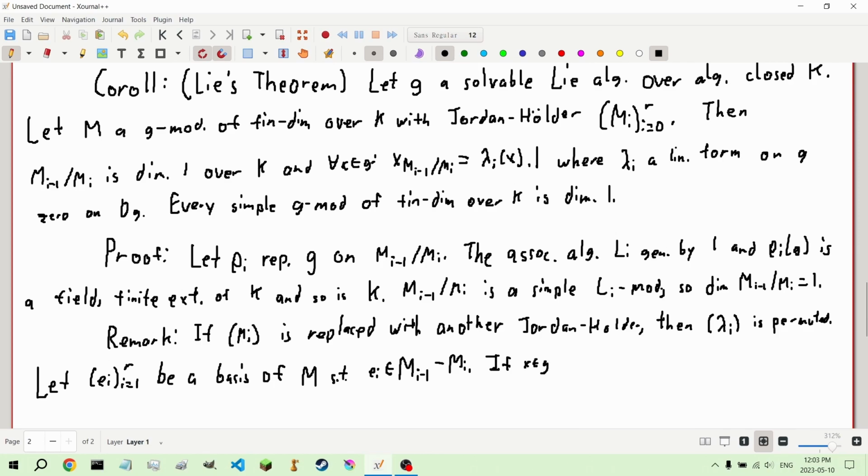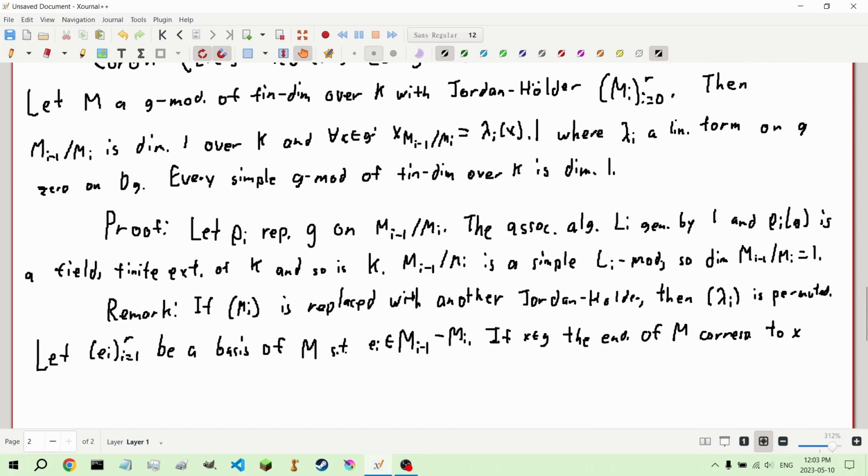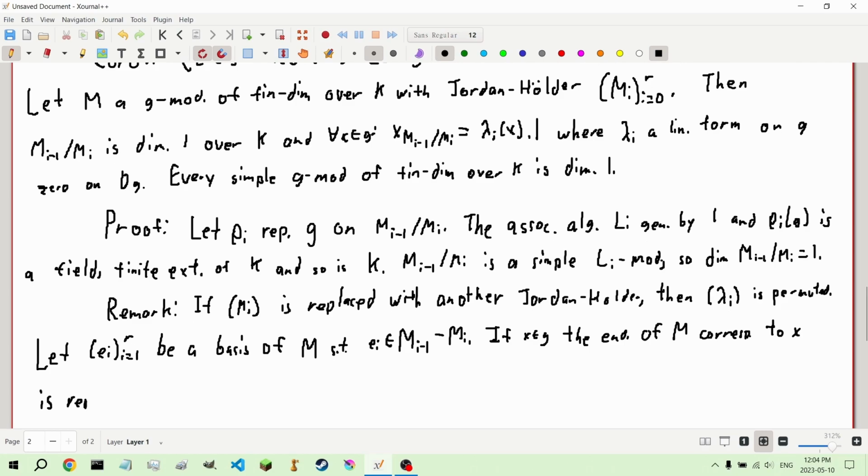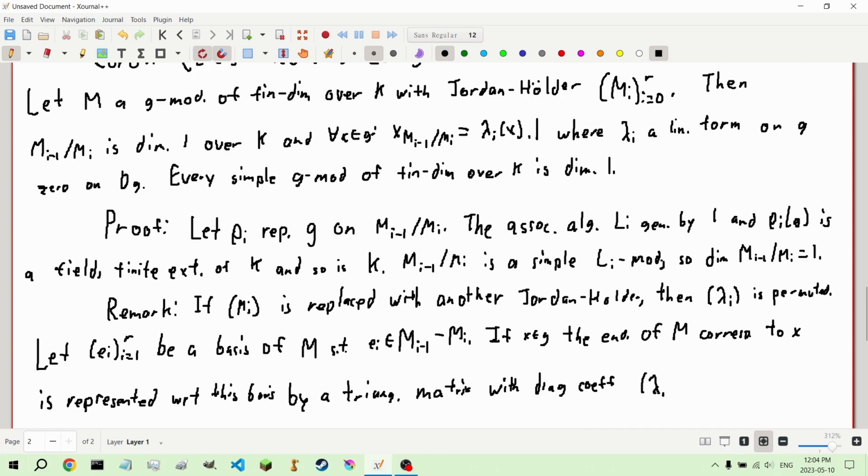If X is in G, the endomorphism of M corresponding to X is represented with respect to this basis by a triangular matrix with diagonal coefficients of lambda_i of X from i equals 1 to r.